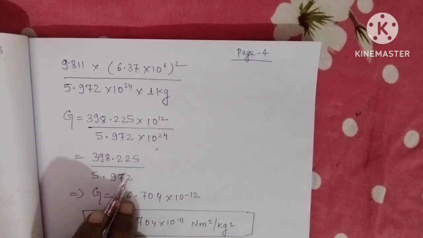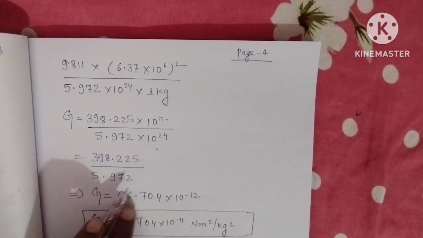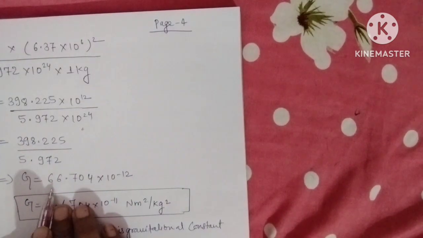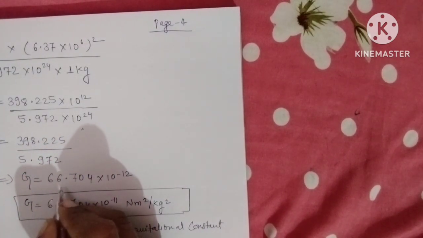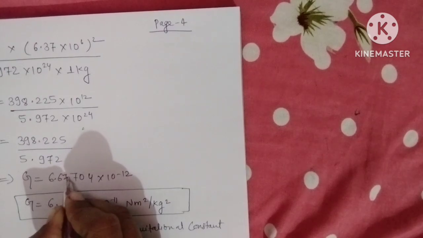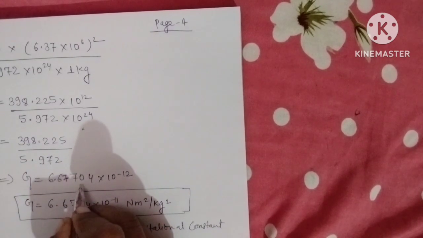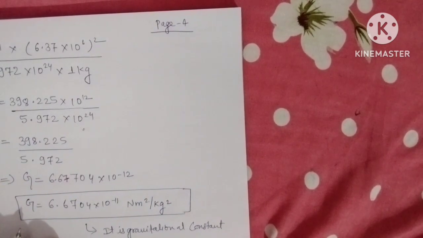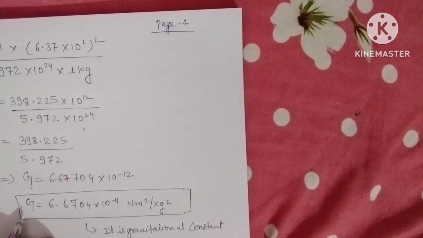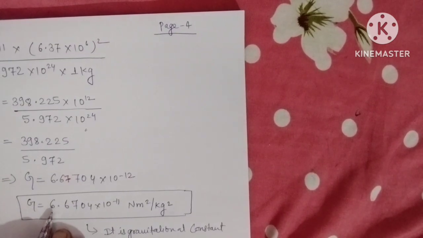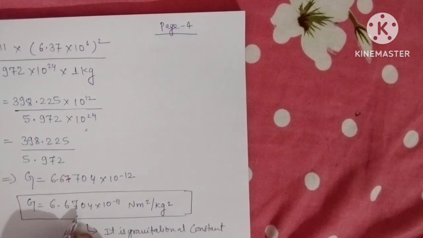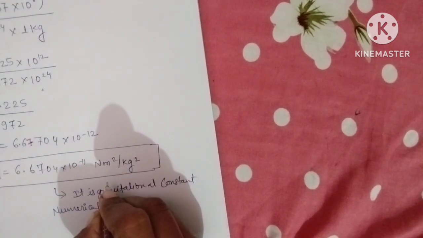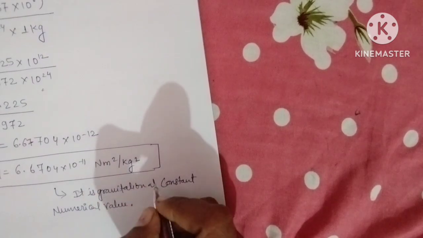On simplification, G is equal to 6.6704 into 10 to the power minus 11 Newton meter square kg inverse square.